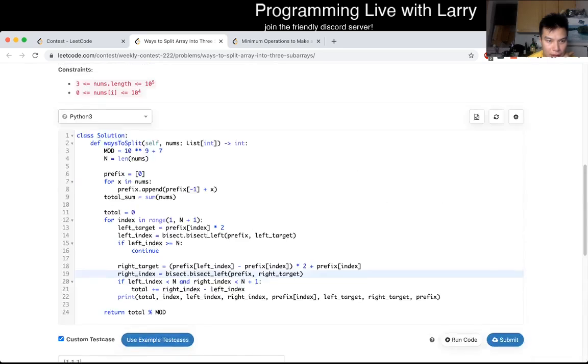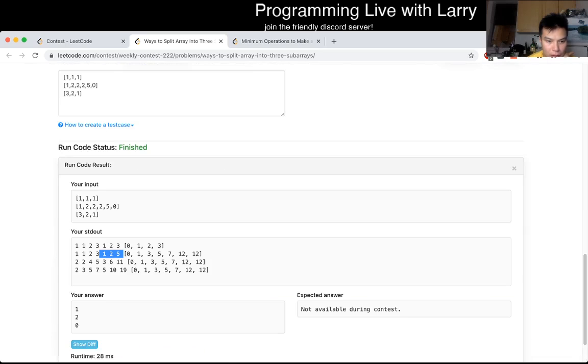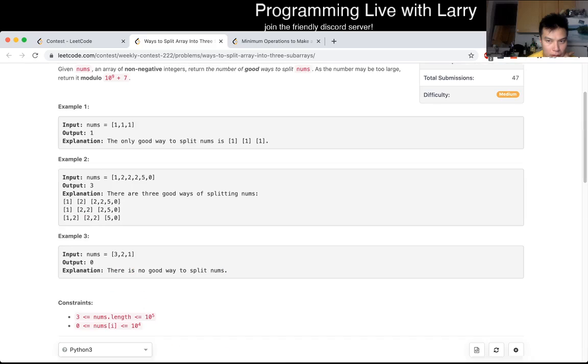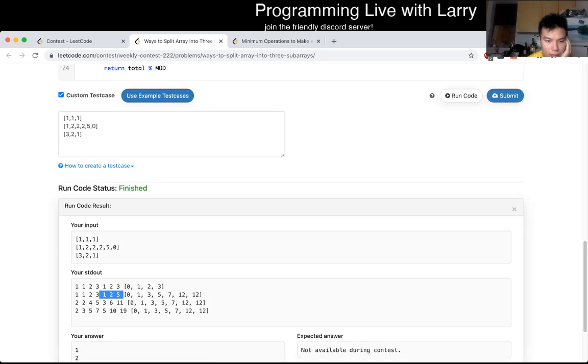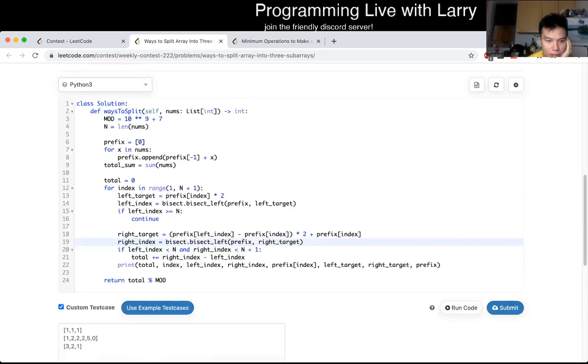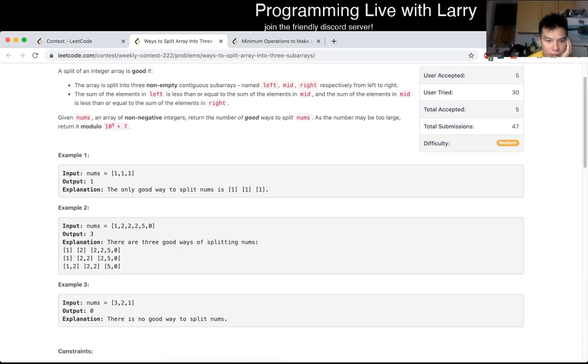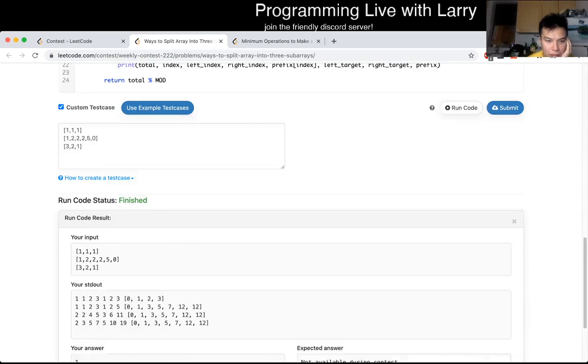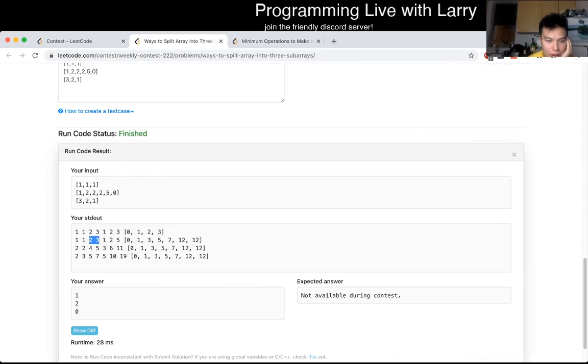That's the one that is wrong. 1, 2, and 5. I think it's 2 and 3.